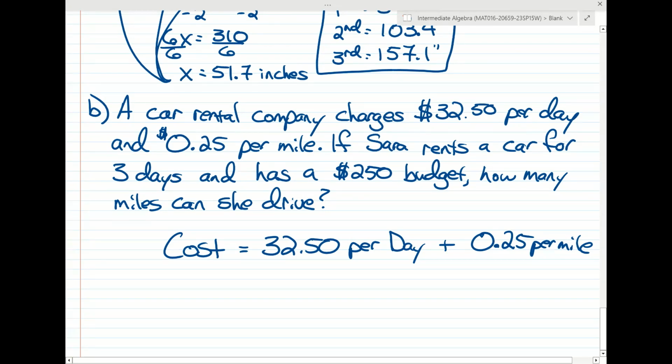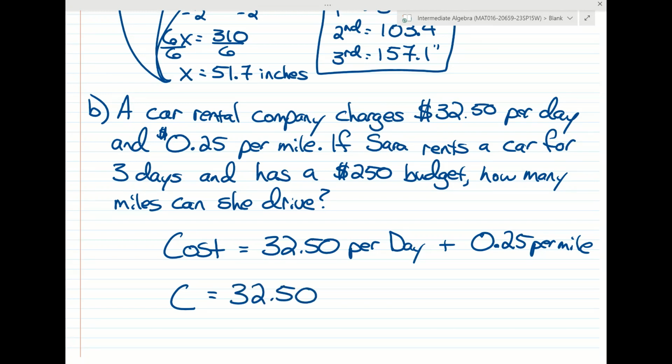I mean, we could always convert this to variables. That's what we do in algebra. Let's put cost, we can make C. Number of days, we don't know how many days. I mean, it says 3 days, but we could always plug that in in a second. Plus 0.25 times M for miles.